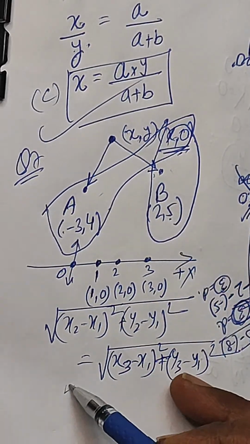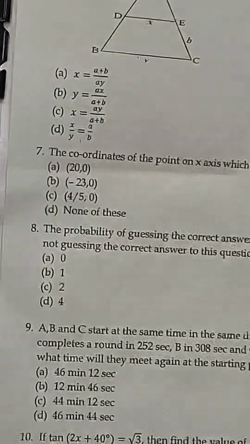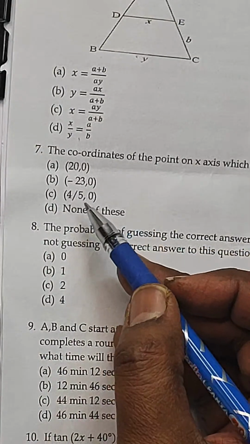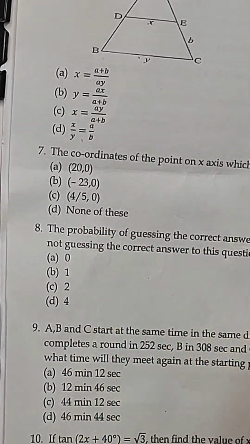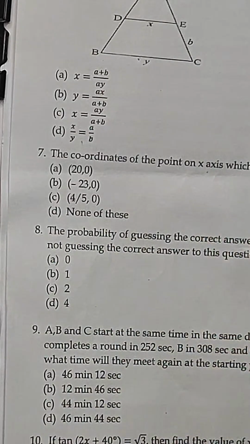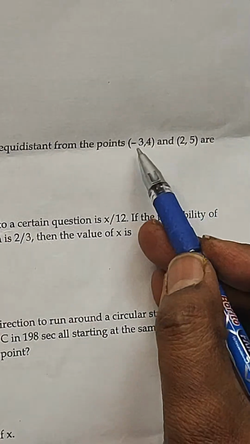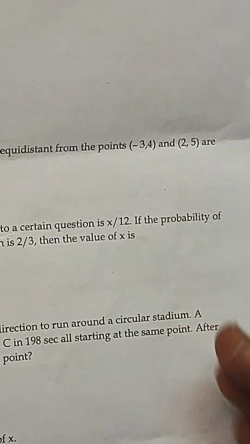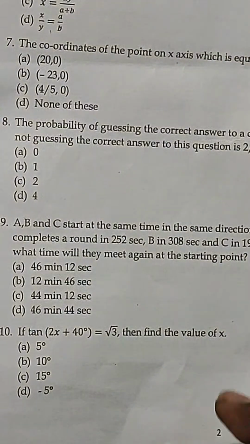You just simply solve it and you get the answer of this question, my dear friend. So you find the coordinates of the given point lying on the x-axis which is equidistant from the given 2 points minus 3, 4 and 2, 5, right? So this will be solved.